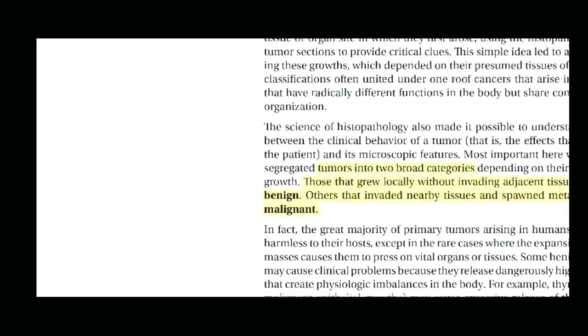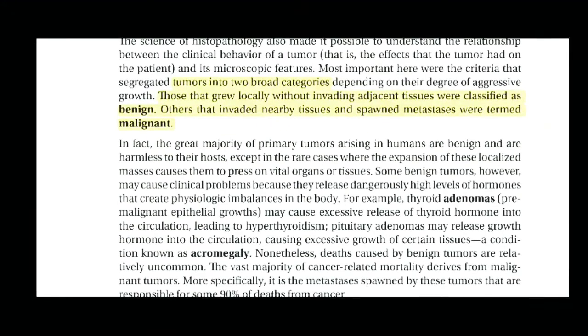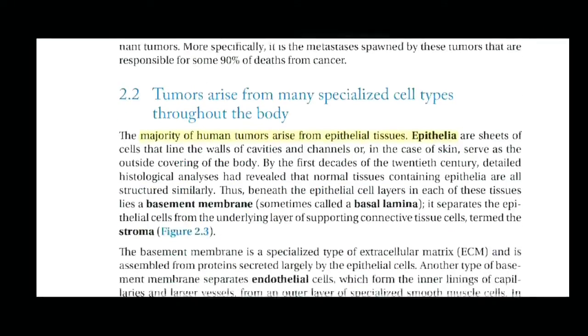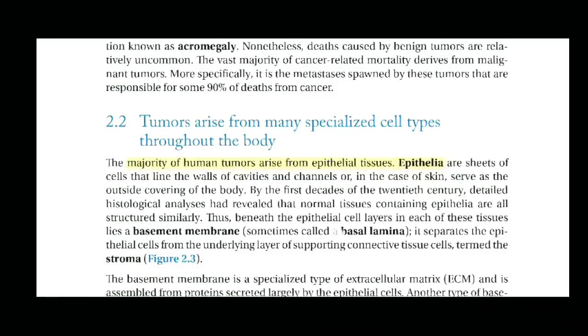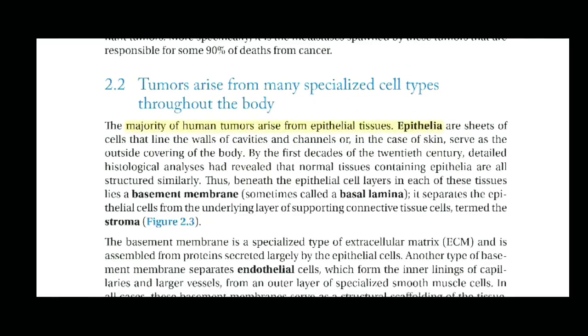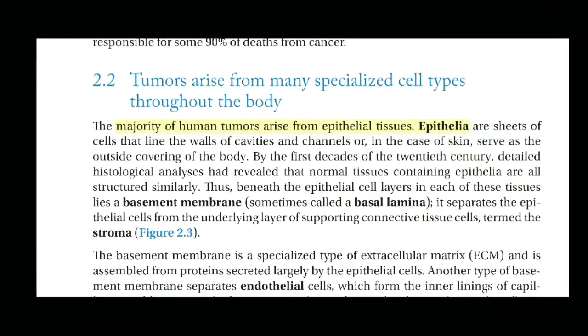Then anything else? Let me check this out. You should know exactly what benign and malignant mean. The benign is nothing but the tumor, whereas the malignant one is your cancer, which has spread. Tumors arise from many specialized cell types throughout the body, but the majority of human tumors arise from the epithelial tissue.